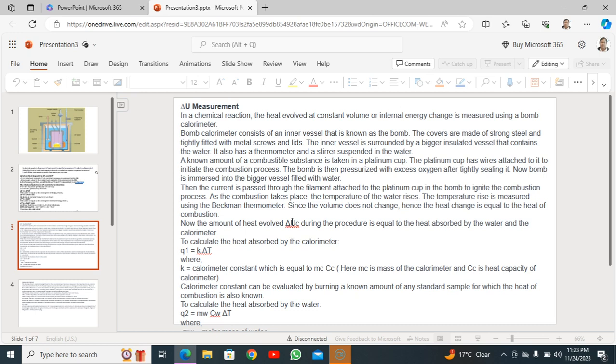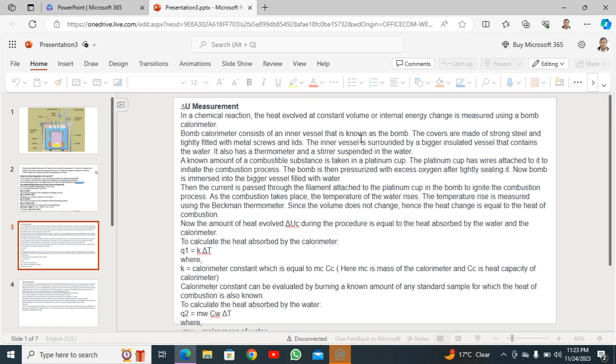To calculate the heat absorbed by the calorimeter, Q1 is equal to K delta T, where K is the calorimeter constant, which is equal to Mc Cc. Mc is the mass of the calorimeter and Cc is the heat capacity of the calorimeter.